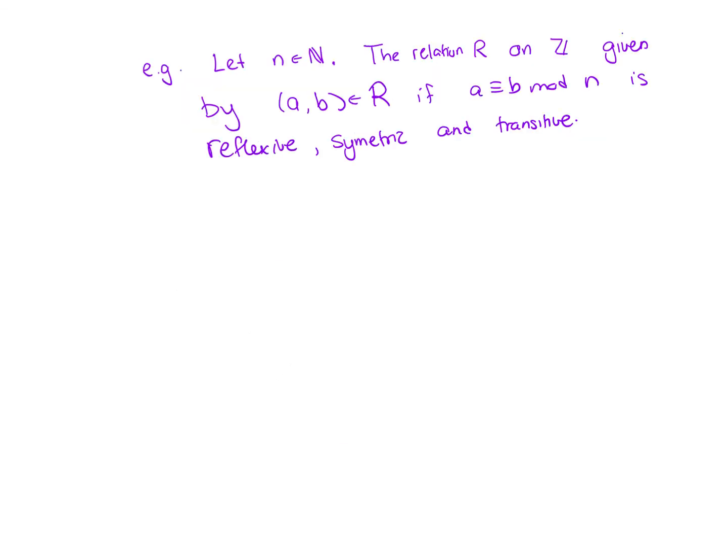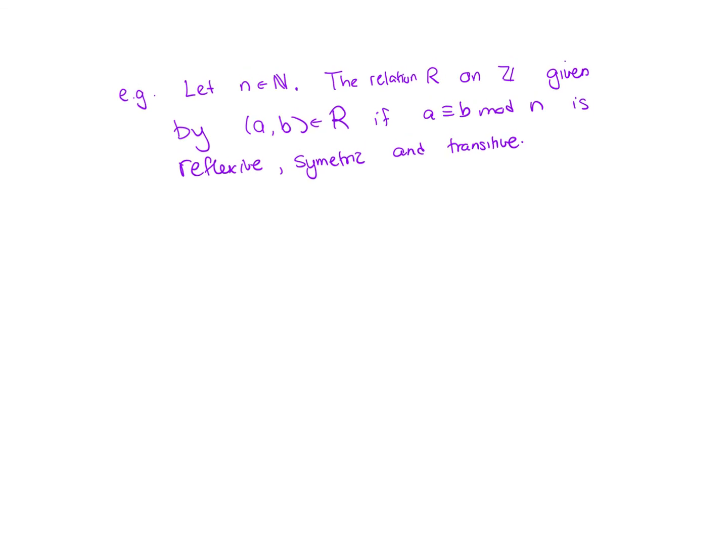Last, here's a question for you to think about, and we'll discuss this in class. If you have a natural number n, we want to show that the relation R on Z, given by (a, b) is in R if a is congruent to b mod n. That's one that you already thought about a little bit. We want to show that that's reflexive, symmetric, and transitive.